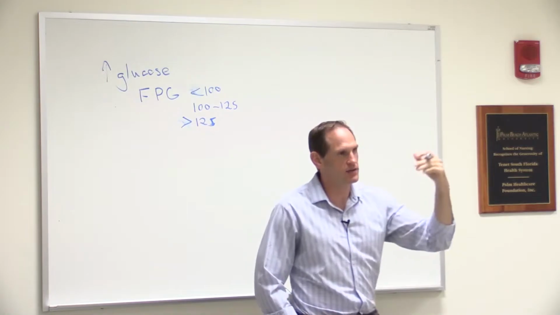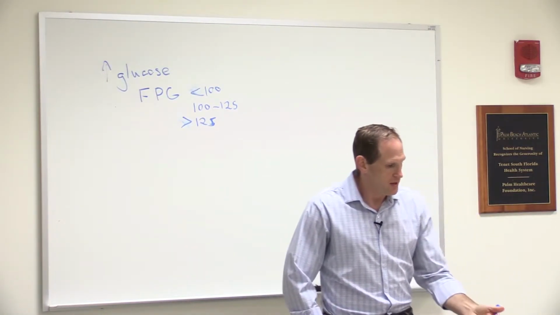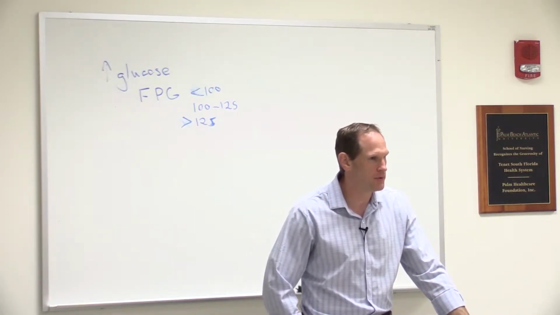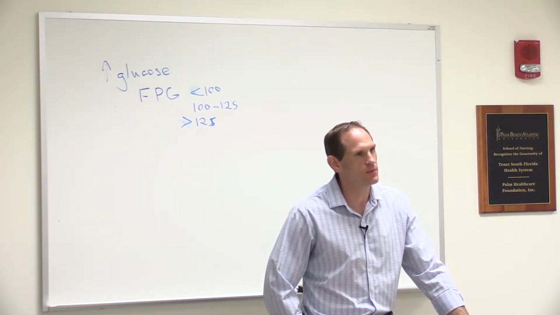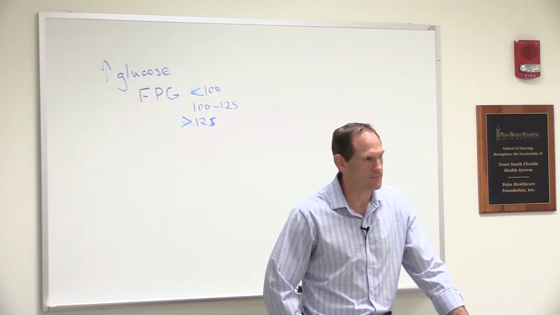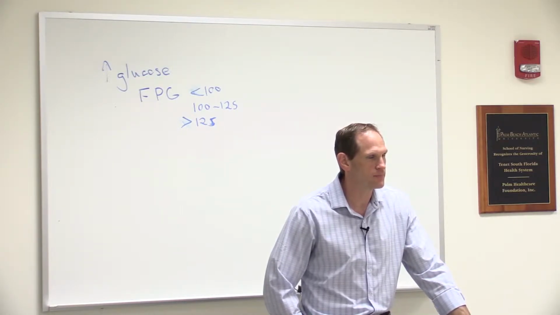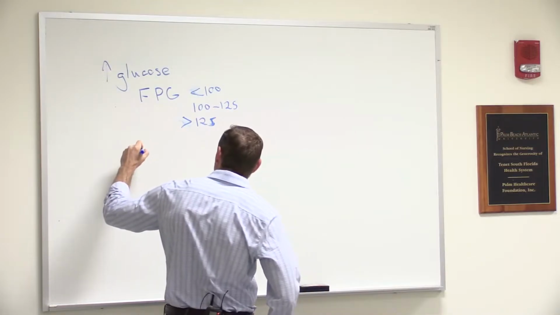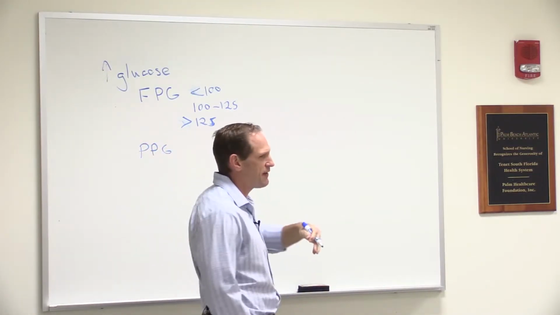Now, this is for what kind of glucose? Fasting plasma glucose. You can also do what's called a casual or random blood sugar, and if that's above 150, we typically would consider that to be diabetes. Then we also have what's called postprandial glucose, which means after a meal.